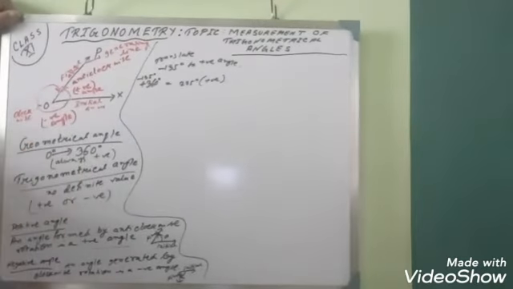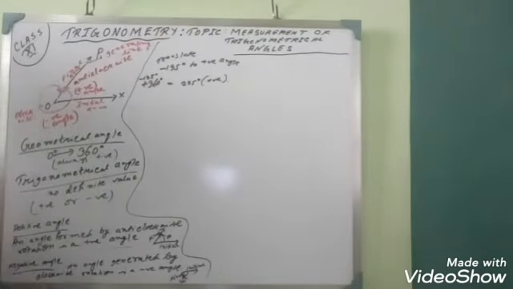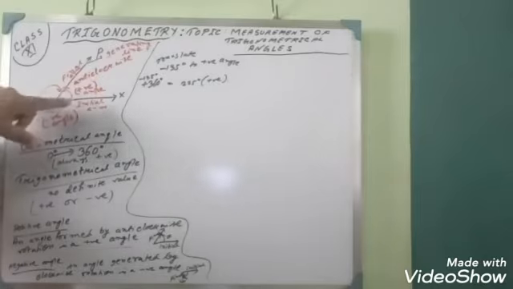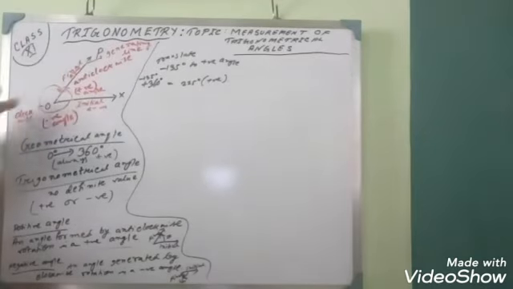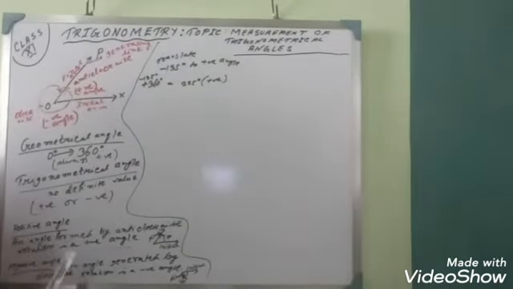A positive angle is always measured in the anti-clockwise direction and a negative angle always in the clockwise direction.